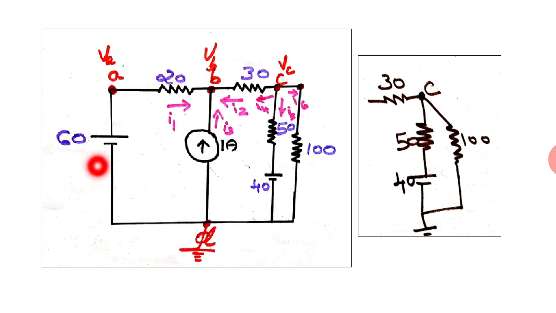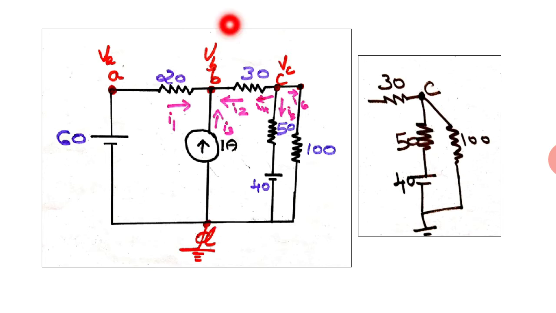From the circuit itself it is clear that the voltage between node A and node D is 60 volt. So VA is equal to 60 volt.